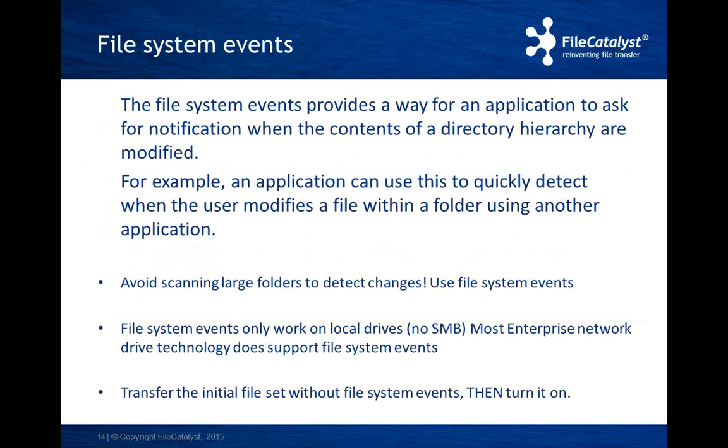However, if you're attaching to network attached storage, an enterprise grade solution, many vendors are in this space providing enterprise network storage. Their drivers, when you install them, will usually support file system events. So if you're just doing a plain Jane free Samba share and you want file system events, that will not work. If you're connecting to an enterprise grade storage solution, file system events will work. So it's just something you have to keep in mind.